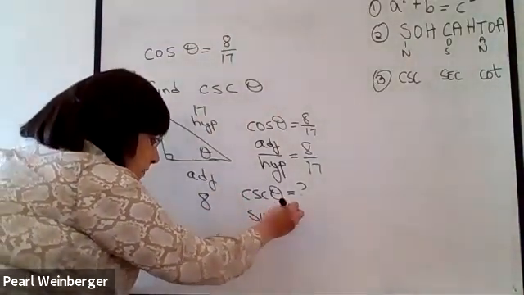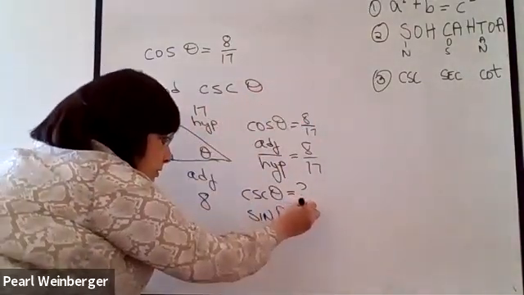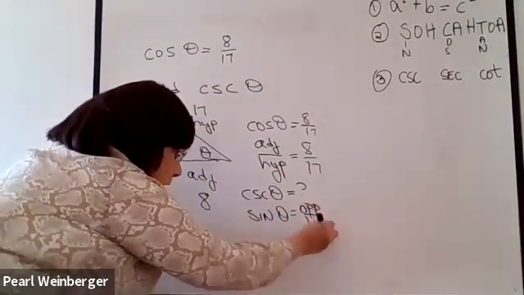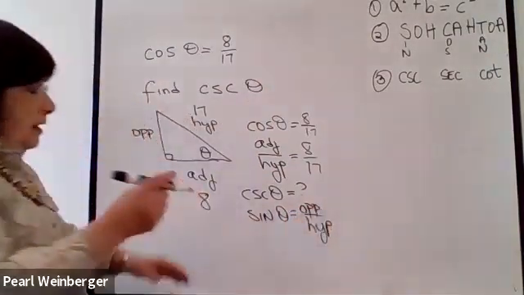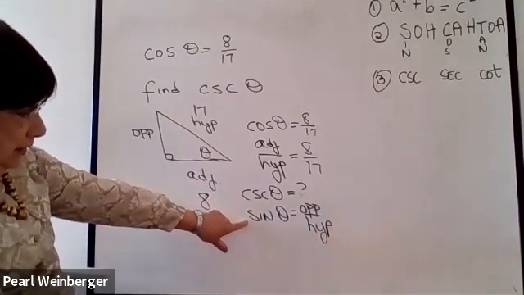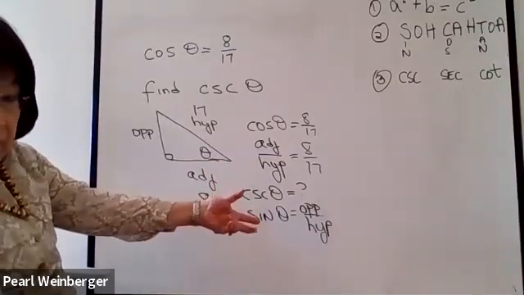And the sine of theta is opposite over hypotenuse. And if I want the cosecant, all I have to do is figure out what the sine is and then flip it over, take its reciprocal.